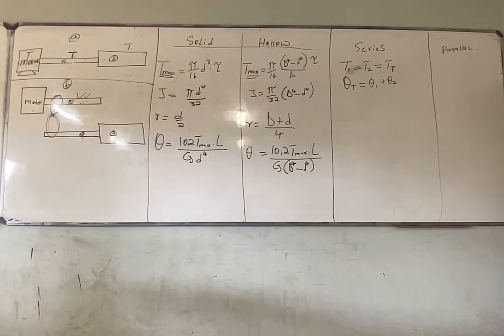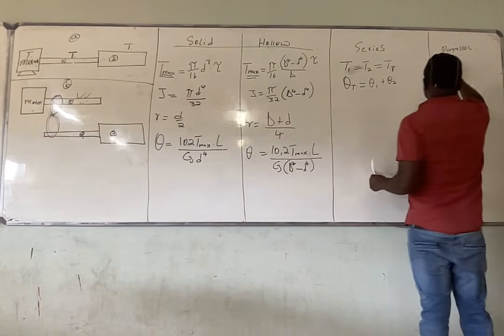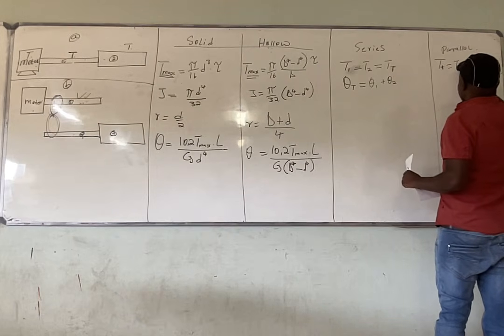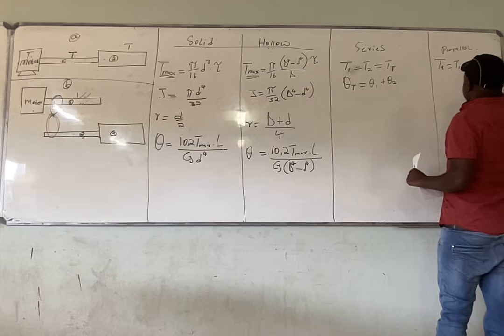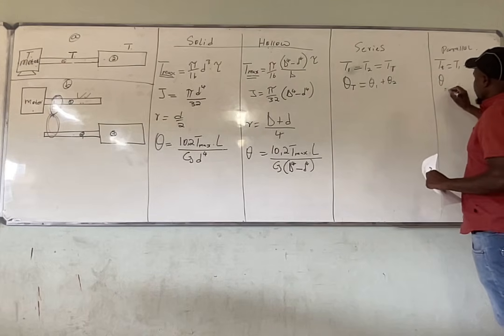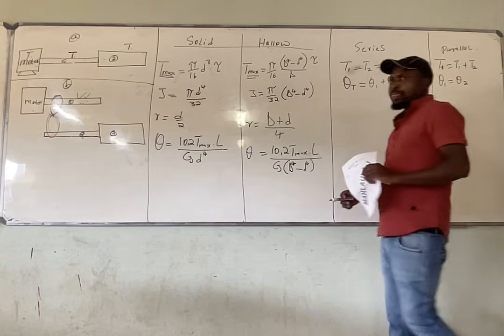So how do you think you need to calculate the total torque? T total is equal to T1 plus T2. And what about the angle of twist? They are equal, right? Yes.